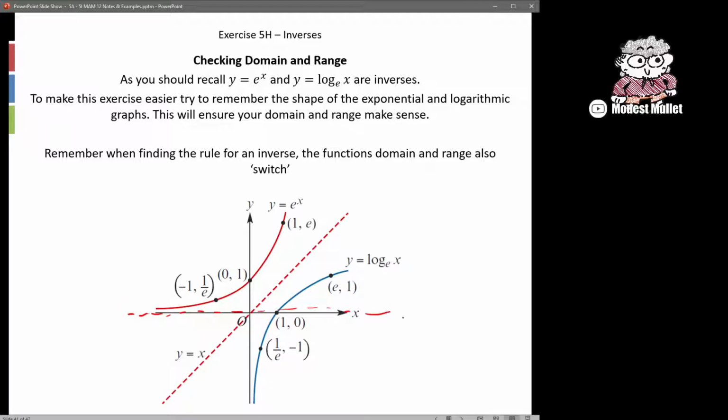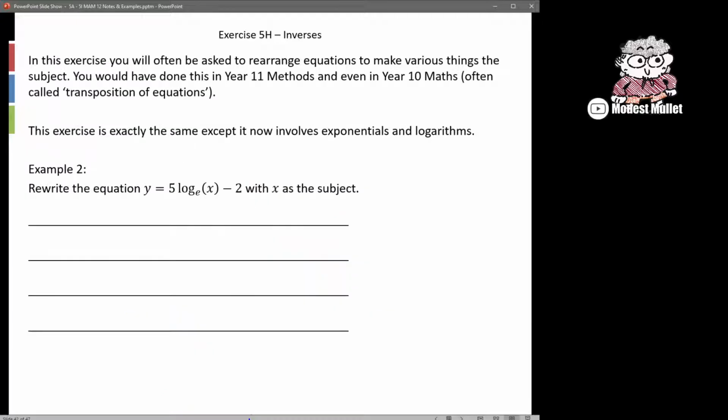We have that asymptote for the exponential, like I said on the previous slide, and then we also have this asymptote for the logarithmic graph. When we find the inverse of one, when we go from one to the other, the domain becomes the range and they switch, just like I talked about on the previous slide.